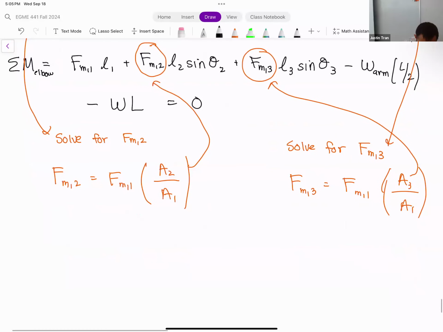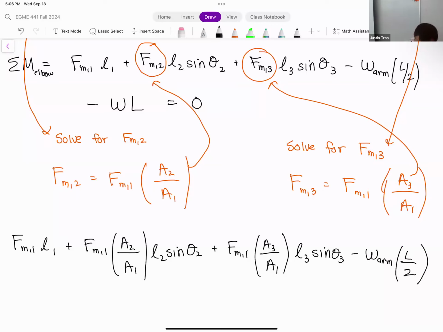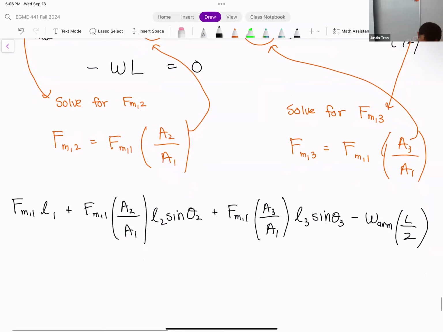So we have FM1 L1 plus FM1, I'm plugging in for FM2 here, times A2 over A1 times L2 sine of theta 2, plus FM1 times A3 over A1 L3 sine of theta 3, minus W arm times L over 2, minus WL, all equal to 0.